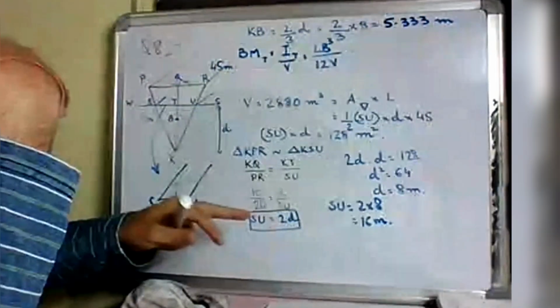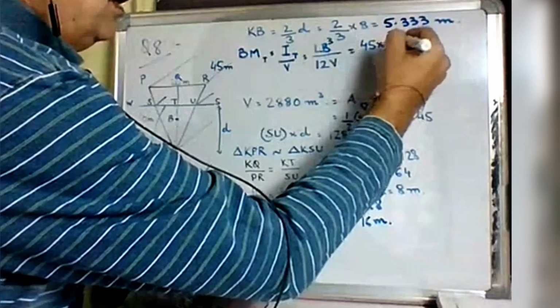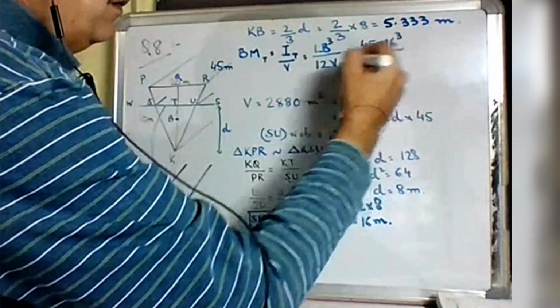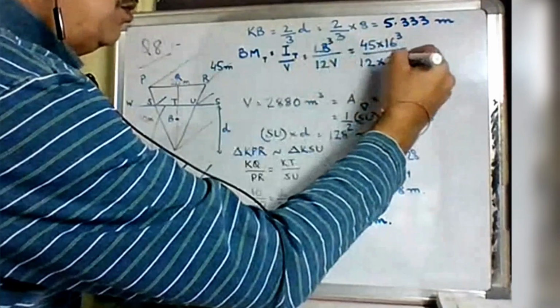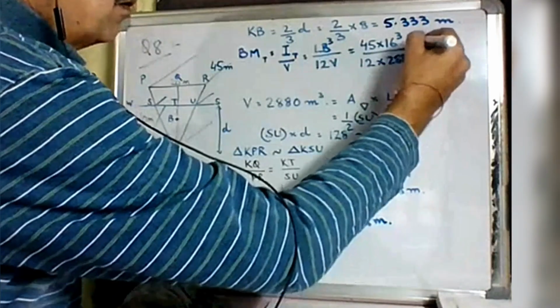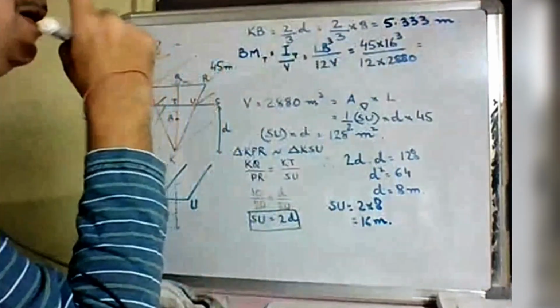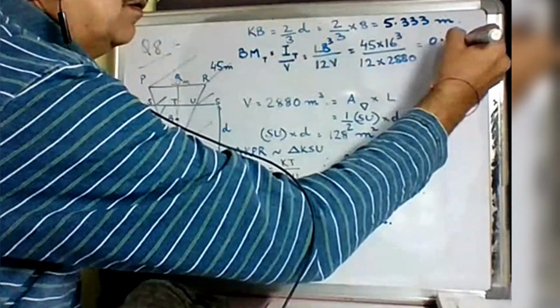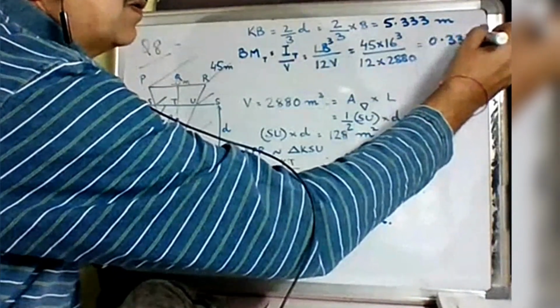So SU is the breadth, which is 16 meters. Length is 45, into 16 cube divided by 12 into underwater volume 2880. So find out BMT: 0.333 meters.